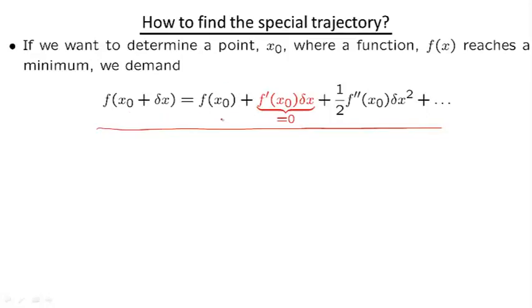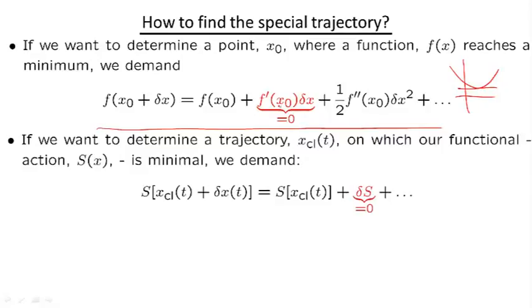It's going to have the value of the function at x0, the first derivative, the second derivative, etc. The minimum is going to occur where the tangent to the plot of f of x is horizontal, or the first derivative vanishes.